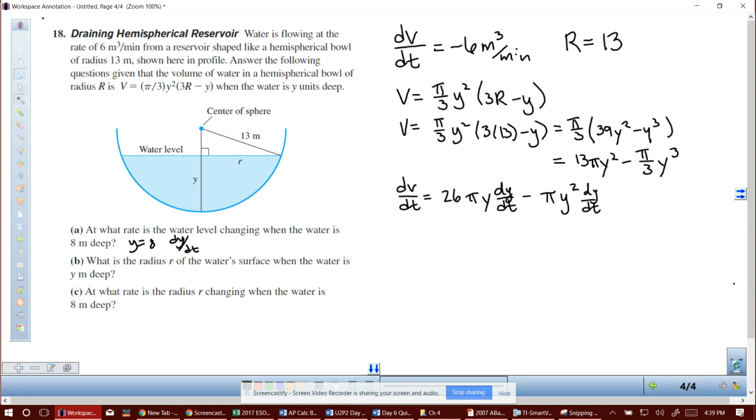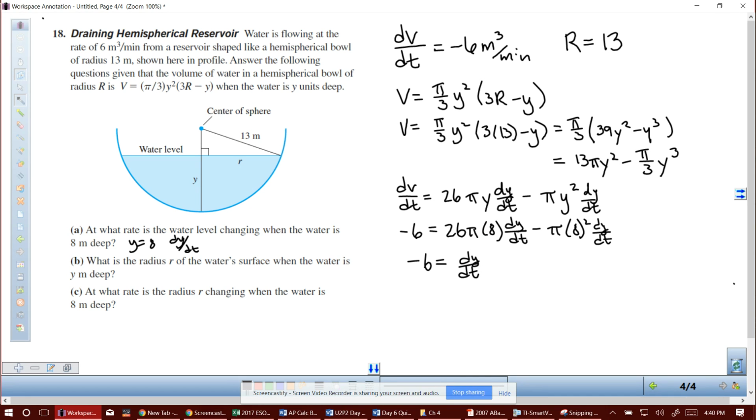So now I'm going to put my numbers in. dV/dt was negative 6. And then I have 26 pi times 8 meters dy/dt, minus pi times 8 squared dy/dt. So I simplified this a little bit. I said negative 6, and those both have pi, so I pulled out the dy/dt.